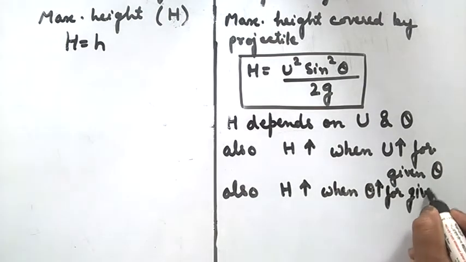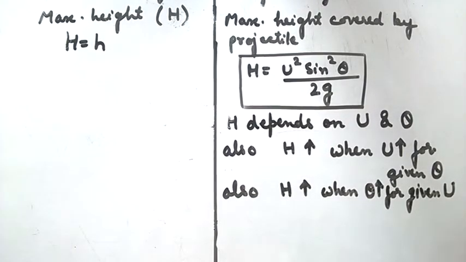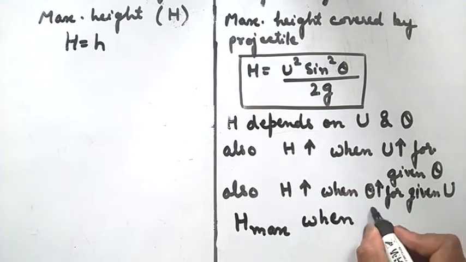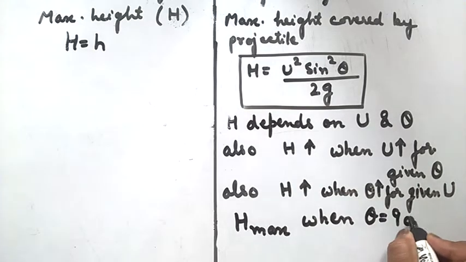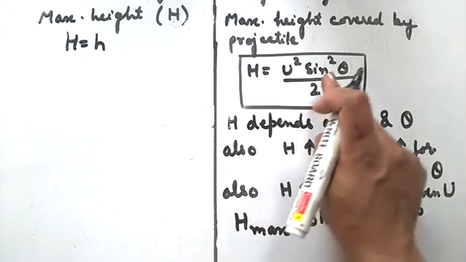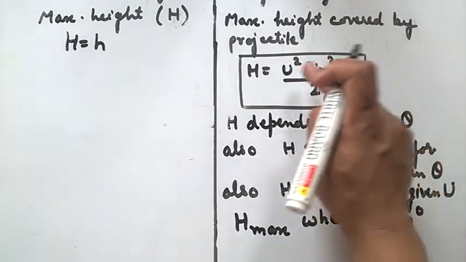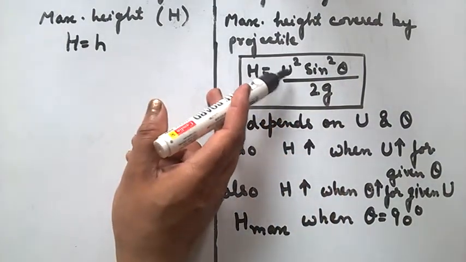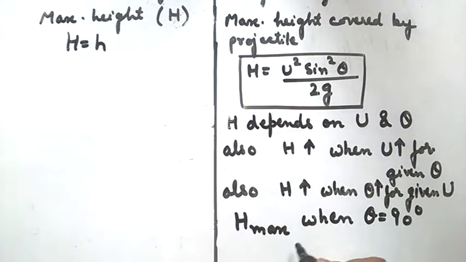That is, for example, we can see that height is maximum when theta is equal to 90 degree for given value of initial velocity, because sine 90 is 1 and we get maximum height which is equal to u square by 2g. H is maximum which is equivalent to u square by 2g.